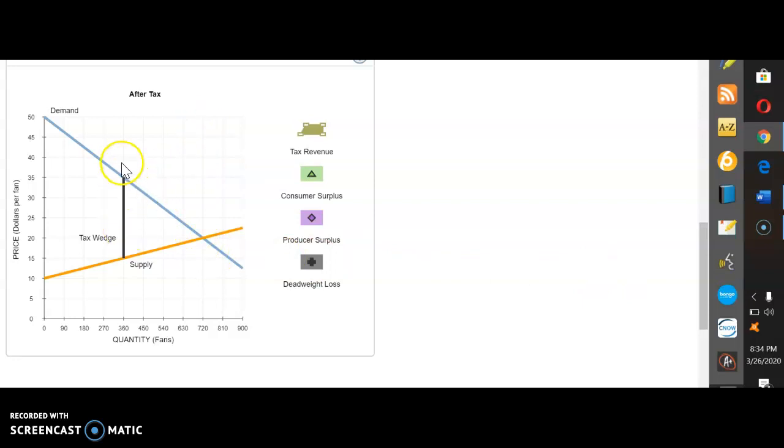Instead, they provide a wedge for you. This tax wedge is the difference. To do this the way we did it in class, here's the original equilibrium, and the tax is 20, and we know that because that's where the new equilibrium is going to be. It's just set up a little differently.